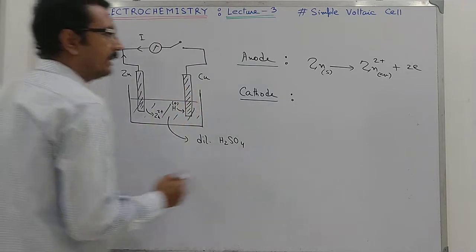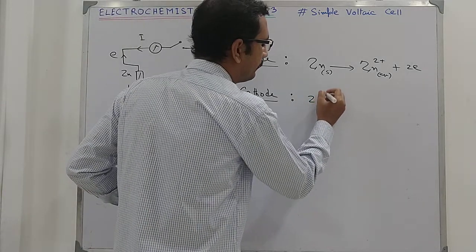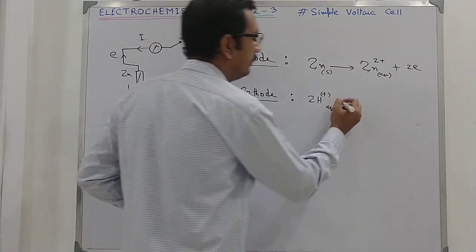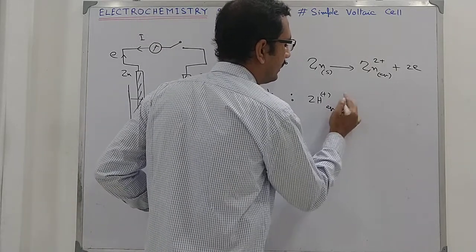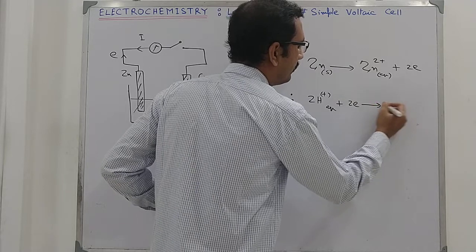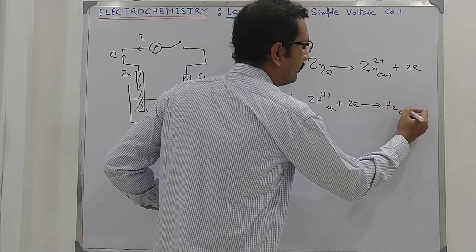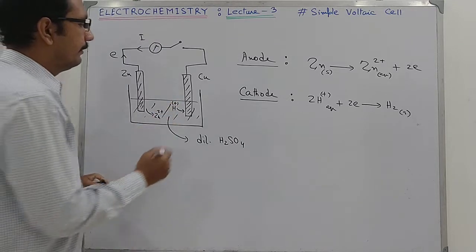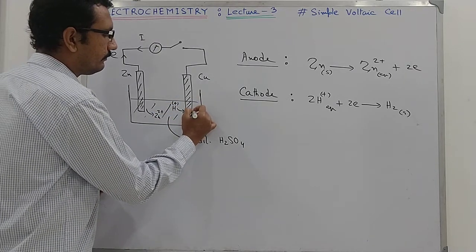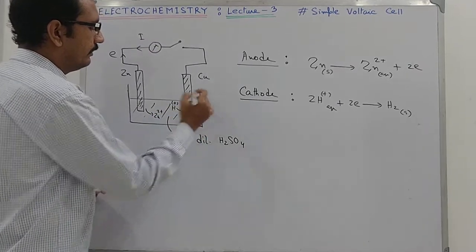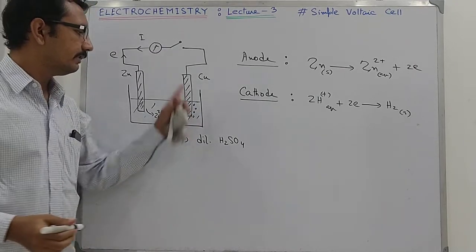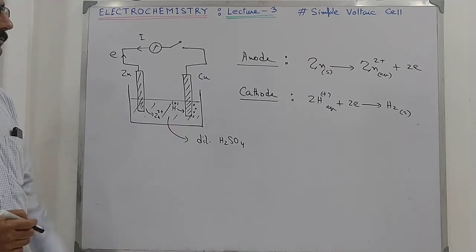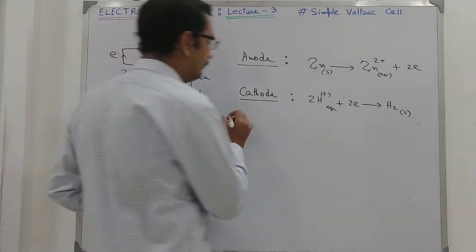So H+ will take up the electrons, and reduction will occur. So there will be release of hydrogen gas at the cathode. We will see bubbles coming out from this cathode. So what is the cell reaction?